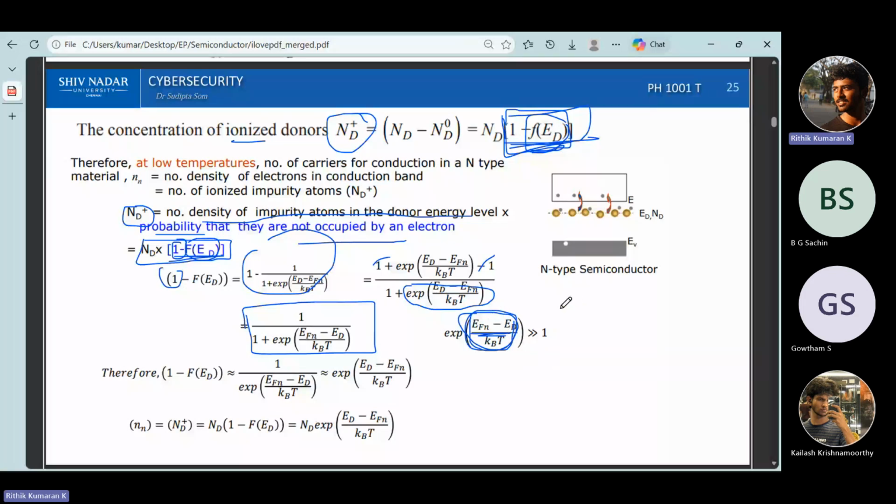So as in the intrinsic we said, it will always have a value greater than 1. So if something is very large, and you add 1 to it, it is obviously negligible, right? 1 lakh and 1 lakh 1 rupee is very, very similar. So we approximate it to remove this 1 and just keep this term itself.